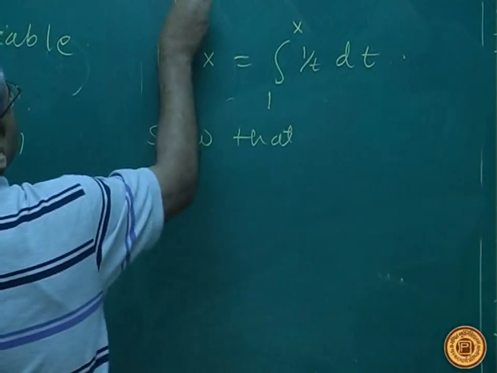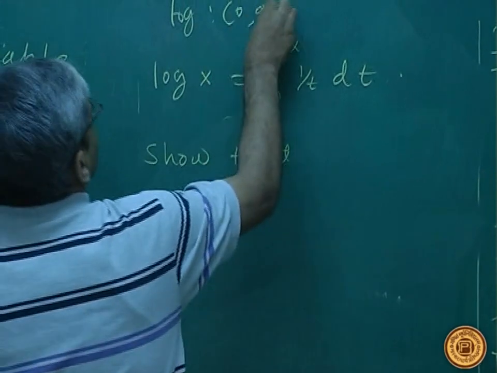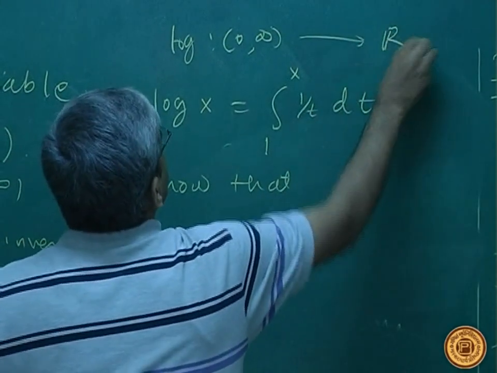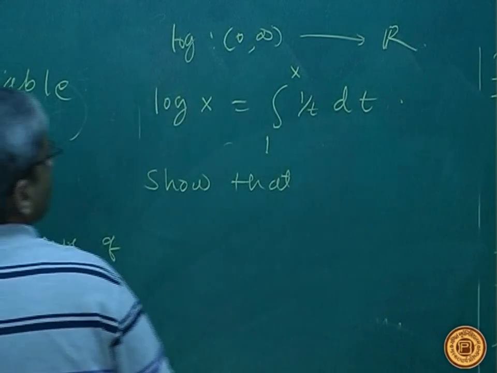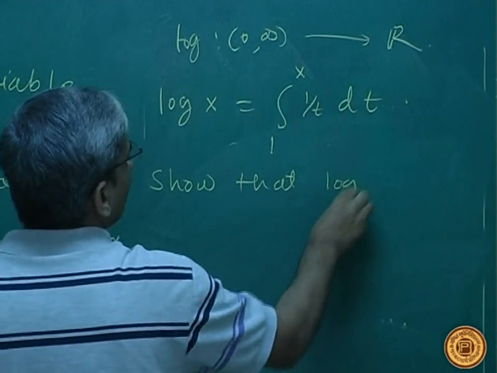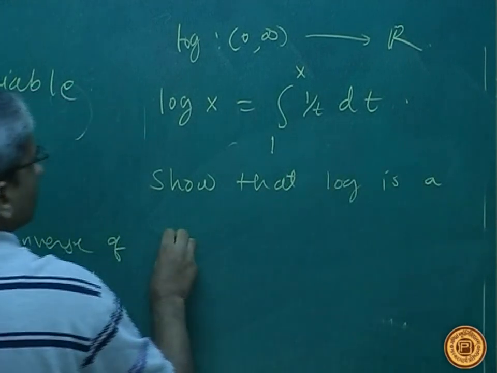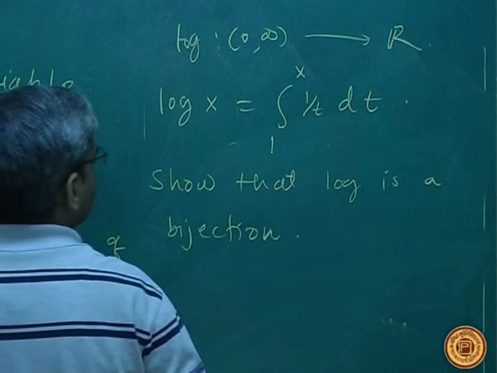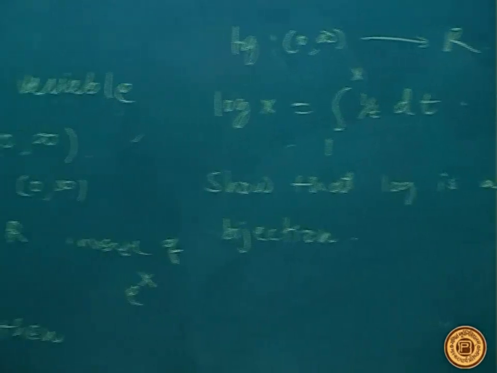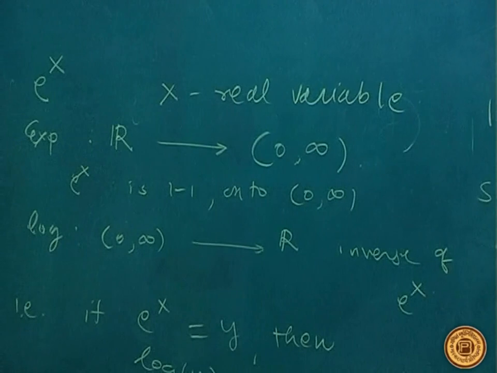So this I am defining now from (0, infinity) to R. So x is in (0, infinity). So show that this function log is a bijection. And then I can say that its inverse is the exponential function.